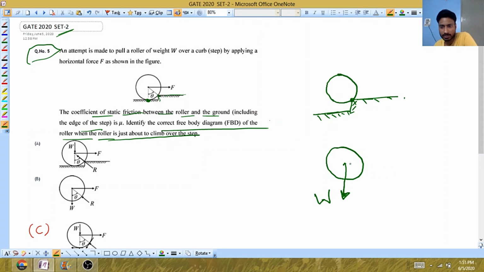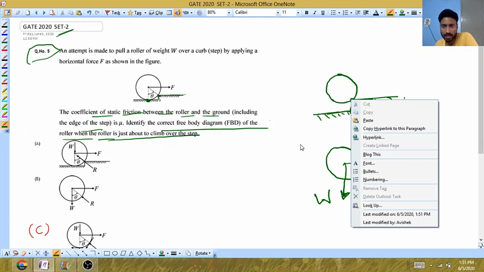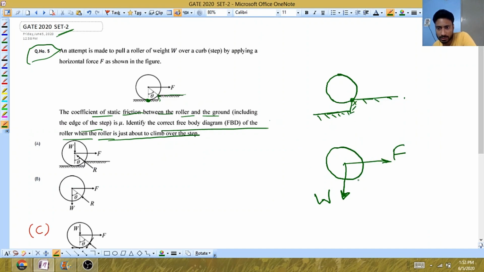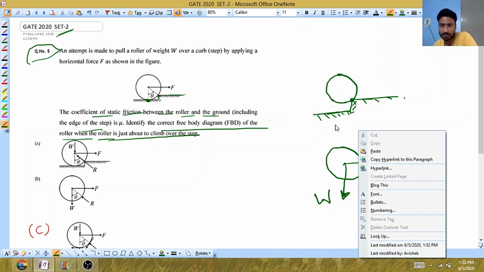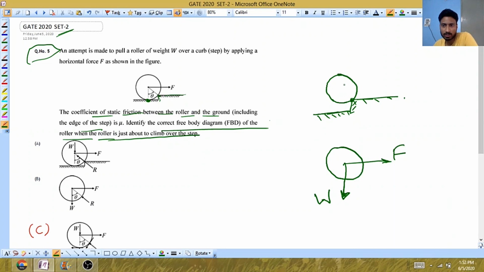Now they have said that there is an external force. You need to include that. This is external force F. Now you can see at this point this object is in contact with this edge, so you need to consider that reaction. This roller applies force on this step in this way, so this step will apply force on this roller in this way.